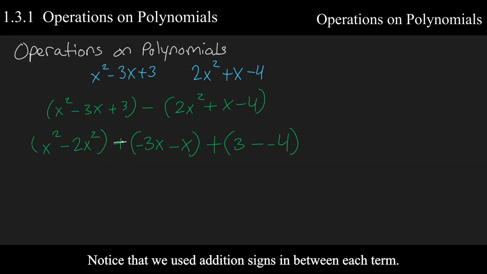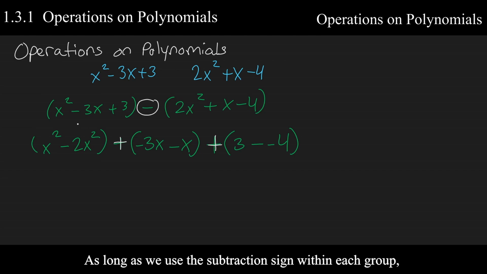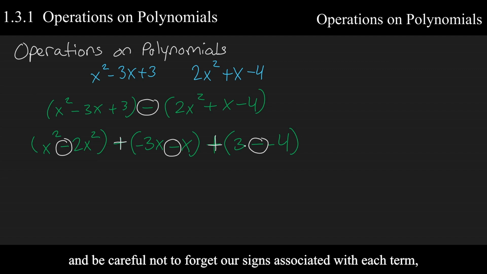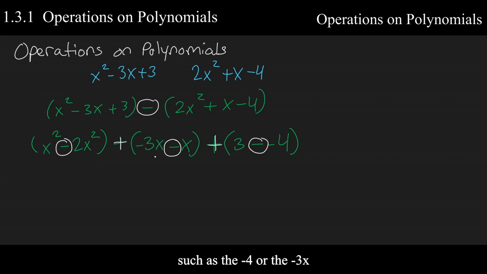Notice that we use addition signs in between each group, as long as we use the subtraction sign within each group, and are careful not to forget the signs associated with each term, such as the negative 4 or the negative 3x. Then we'll get our correct answer. Our expression becomes negative x squared minus 4x plus 7.